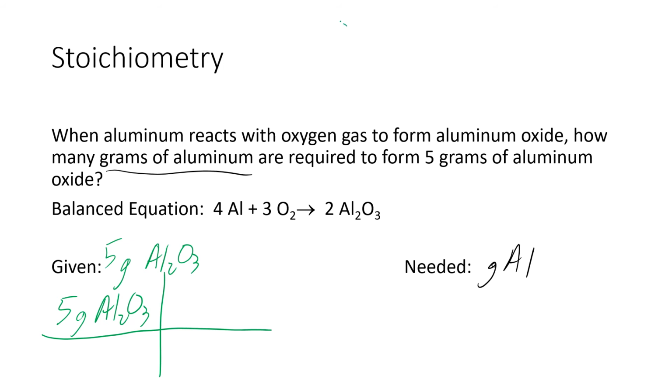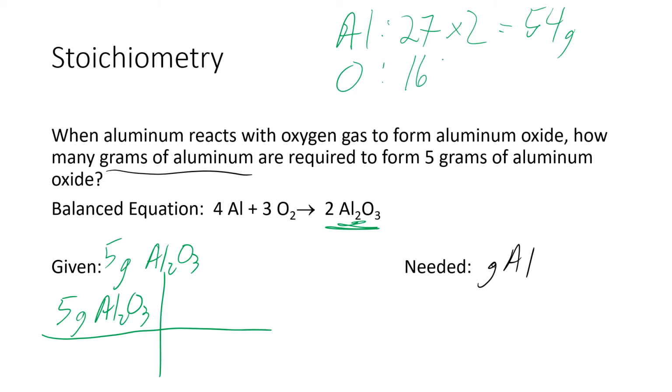So aluminum on the periodic table weighs 27. In aluminum oxide, there's 2 aluminums. It's Al2O3. So that is a total of 54 grams. And then the oxygen is 16. There are 3 oxygens in this Al2O3. So 3 times 16 is 48.